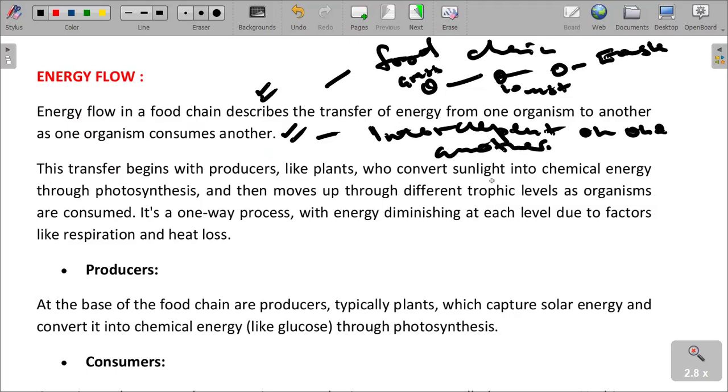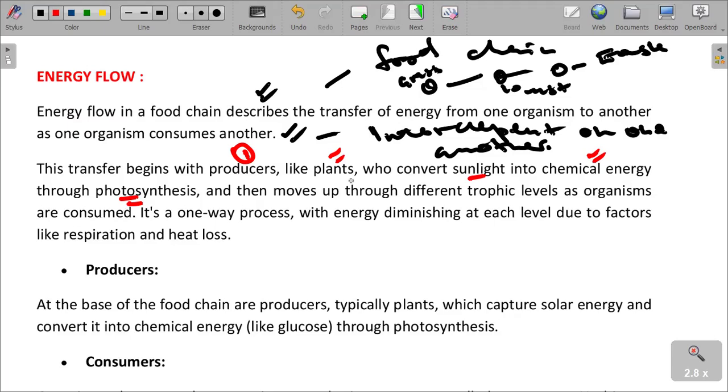I'm sure we understand, therefore, that this transfer begins with the producers. We have got the producers, which are plants that convert sunlight into chemical energy. Plants give chemical energy through photosynthesis, and then it moves up through different trophic levels as organisms are consumed.